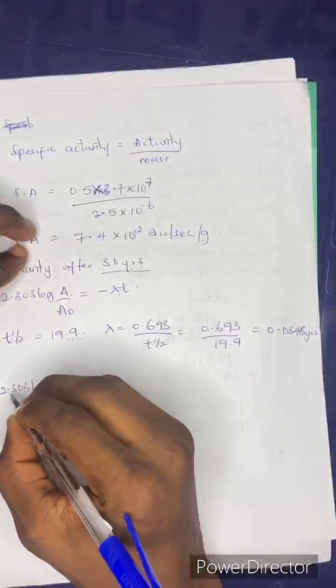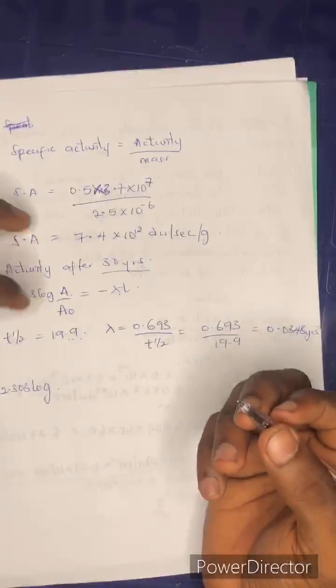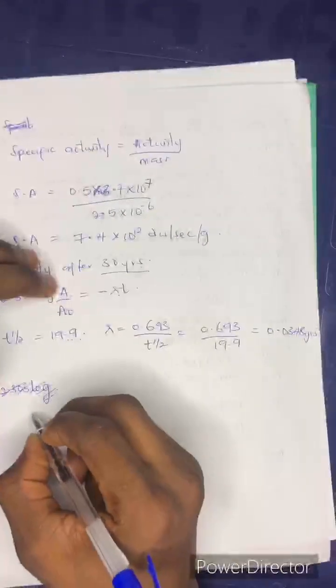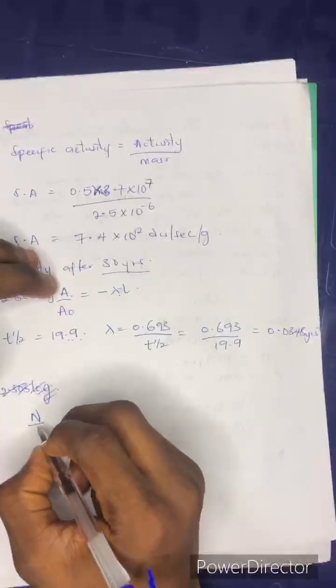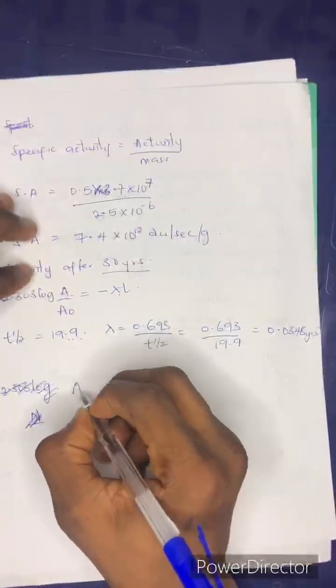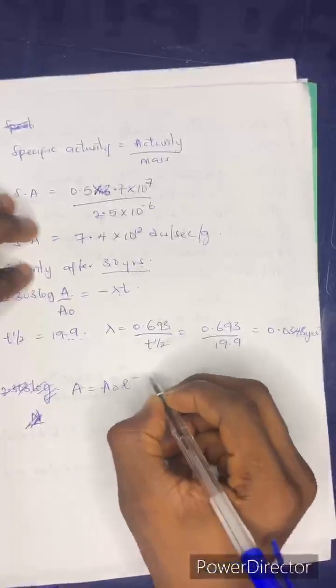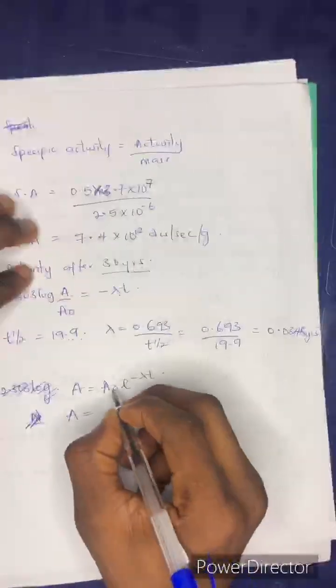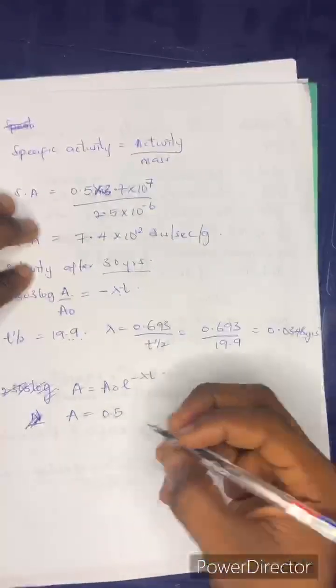But first of all, A is 0.5, so we're looking for A. So I would rather not use this formula. I would say you use the formula that says A equals A naught exponential minus lambda t. I think this formula should be better. Now you're looking for A, where A naught is what? 0.5 millicurie.